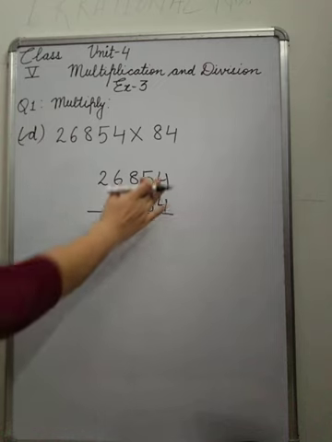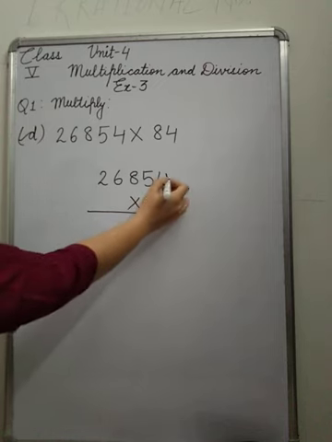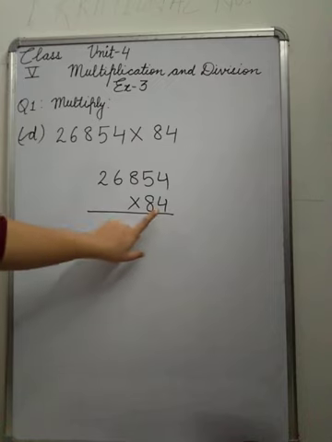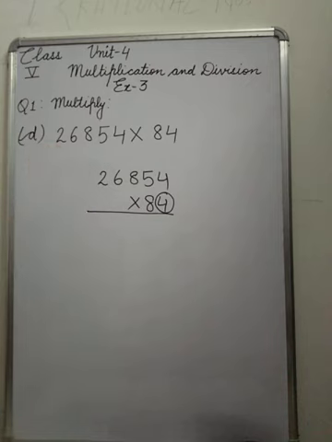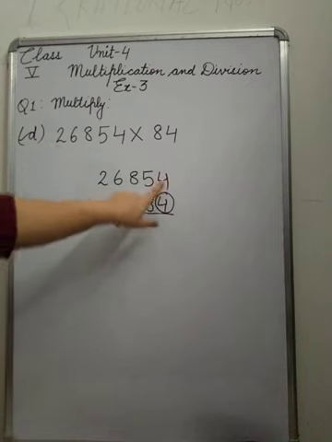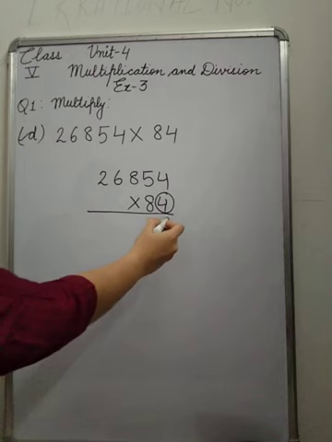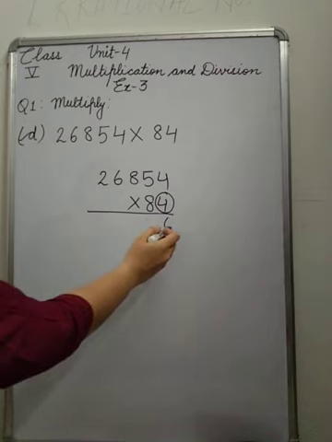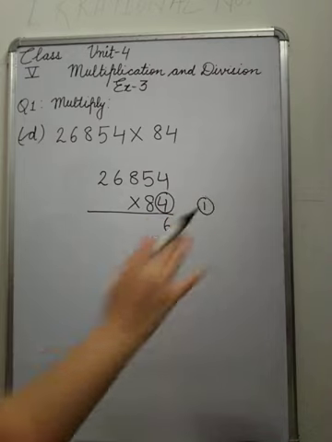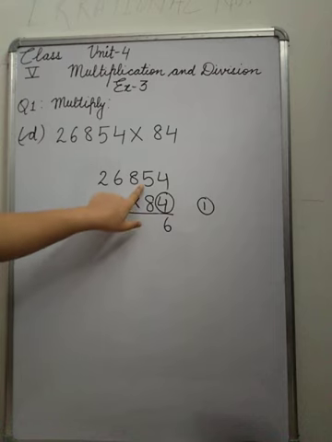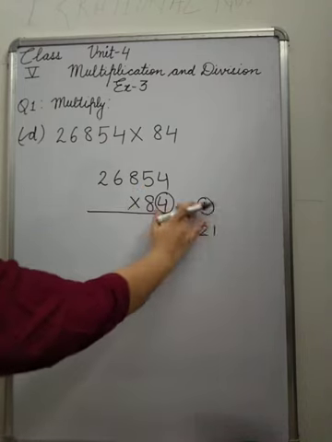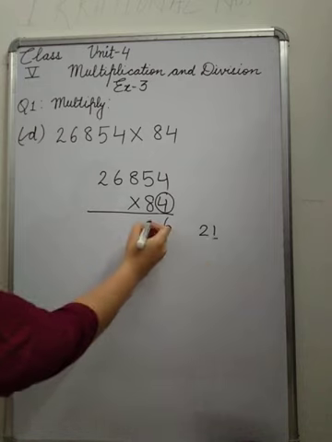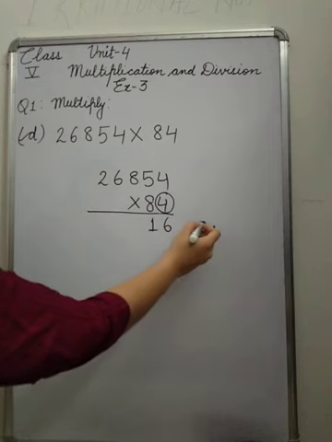Firstly, with this position, you have to multiply this number with all the numbers above. One by one you take. 4 4s are 16. So 6 here, 1 carry. Now 4 5s are 20 plus 1, that will be 21. That 1 will come here, that 2 is carry.